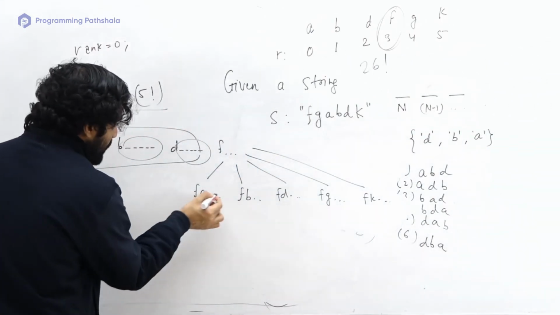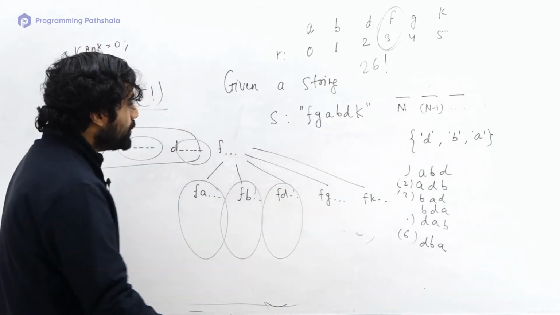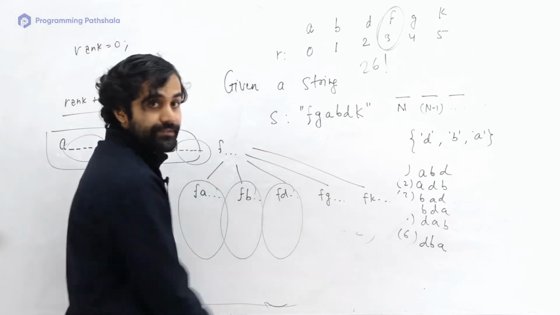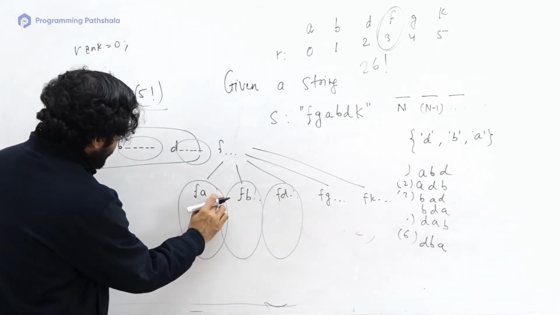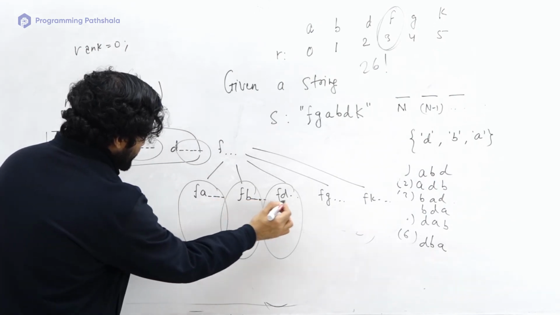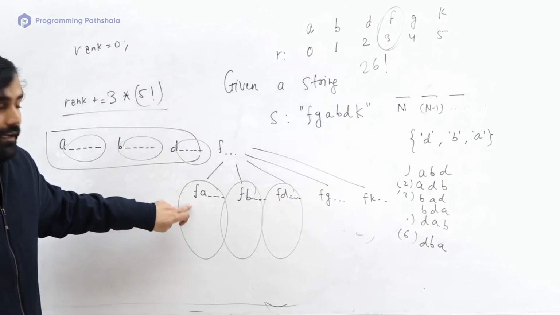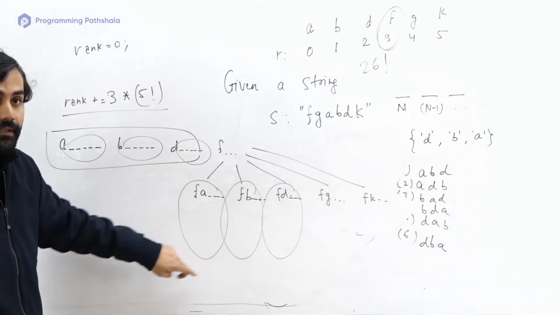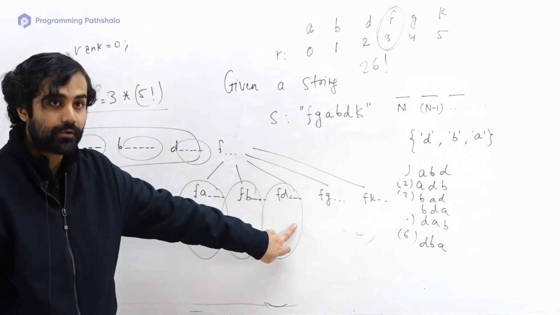Now all the members of this and this are definitely going to be smaller than the members of this family, right? And now 2 characters are gone, so 4 are remaining in each of them. So how many strings will come over here? 4 factorial. 4 factorial here also, 4 factorial here also, right?